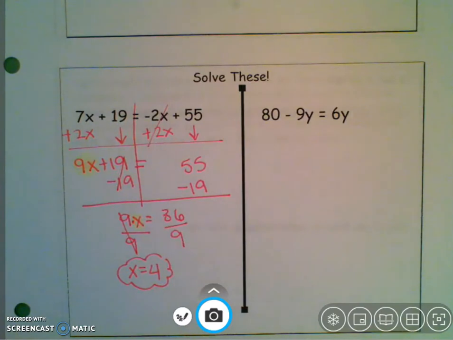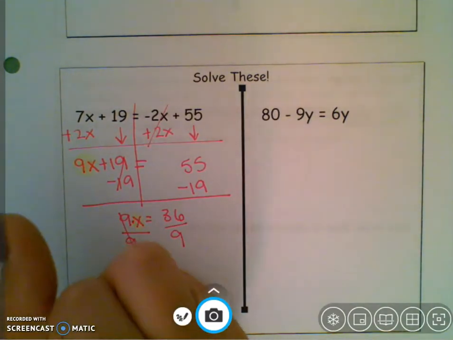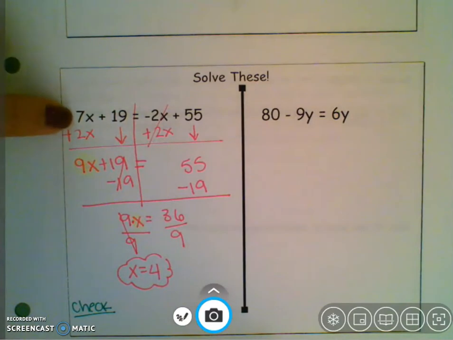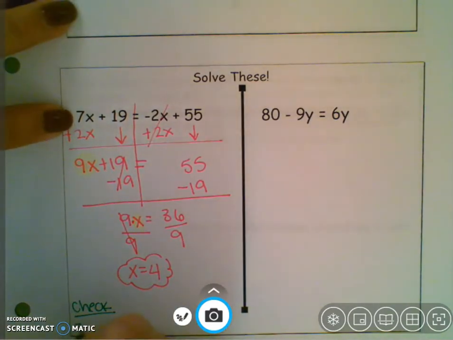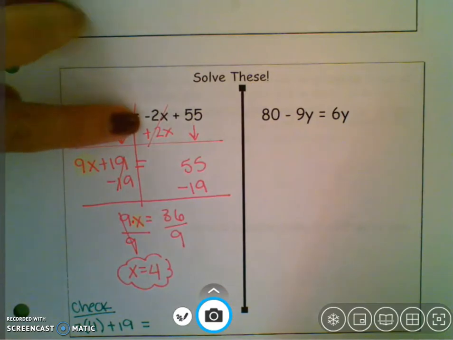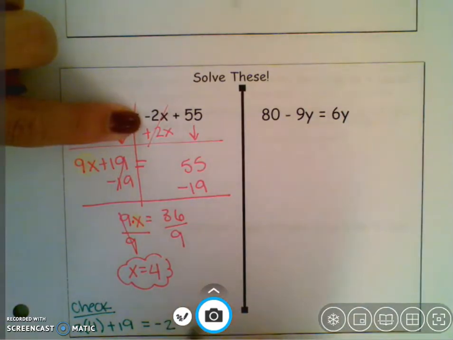Now, every time you're solving, you can plug back in and check your answer. So let's go ahead and check our answer. So 7x, so we have 7 times our 4 plus 19, and that has to be equal to the other side, negative 2 times x plus 55.